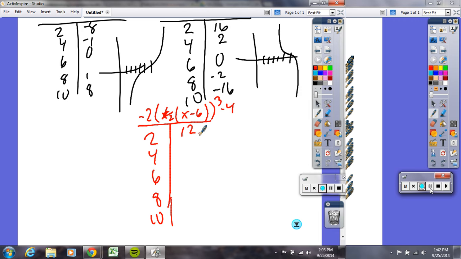Yeah, I could graph a bunch of points and I hopefully will get my graph, right? Does that make sense? But if we know the idea of transformations, I can sketch something really easily if I was looking for a sketch. But I'm trying to get to it pretty fast. Yeah, parentheses.